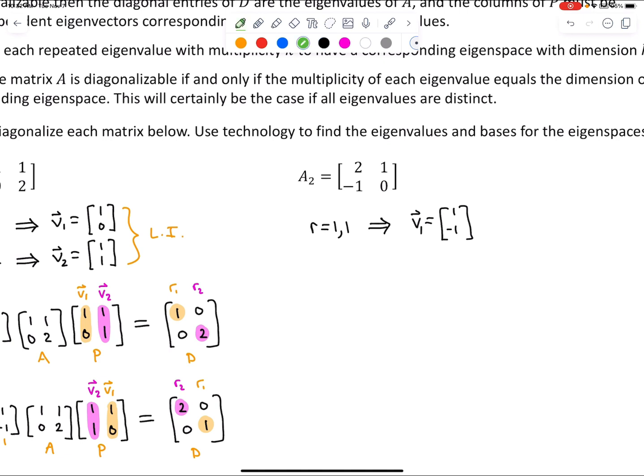But here's a case where we have a multiplicity of 2 for the eigenvalue, but we have a corresponding dimension of an eigenspace that is only 1 because there's only one vector in the basis.